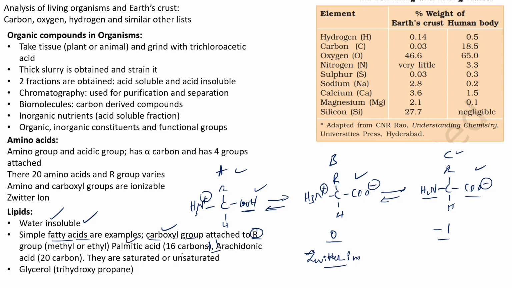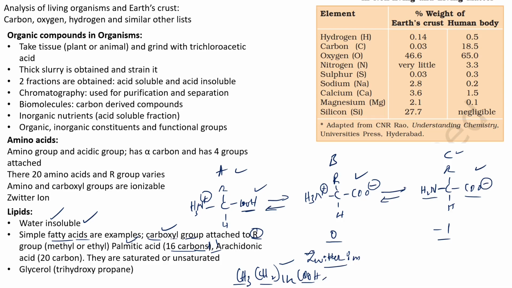It has 16 carbons, right? The structure of palmitic acid is CH3, CH2 14 times, COOH, right? This is the chemical formula for palmitic acid.